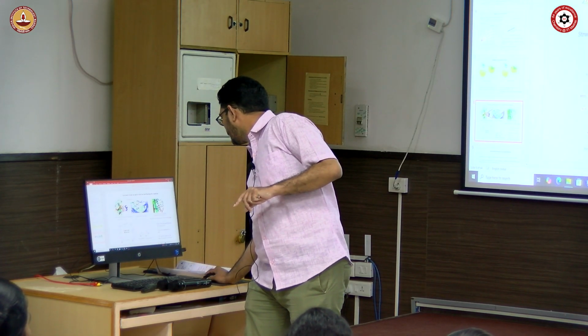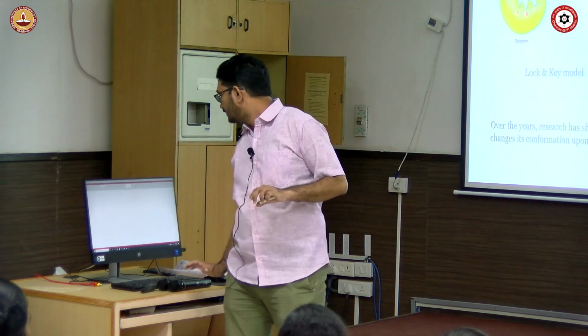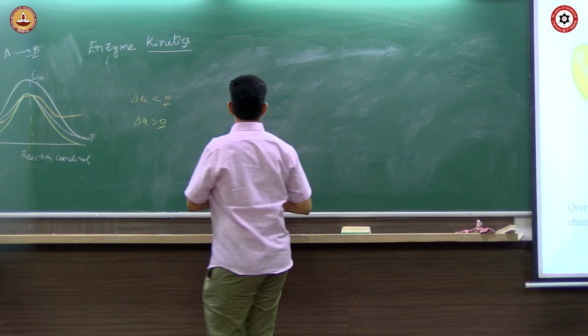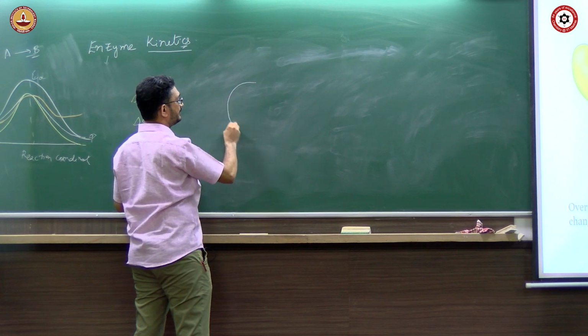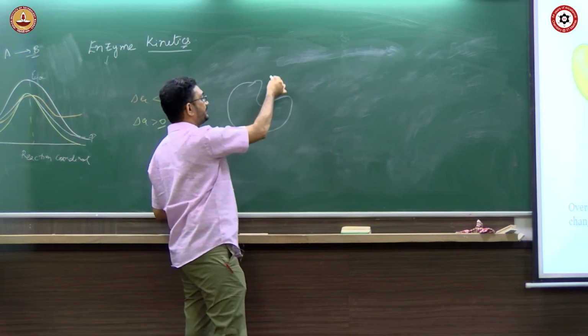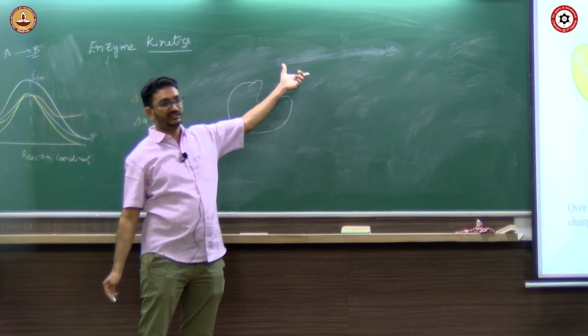Now let me show you a textbook model. That is a simple example of enzyme kinetics. Suppose I'm writing this enzyme as some kind of structure. Enzyme has to interact with the substrate, right?